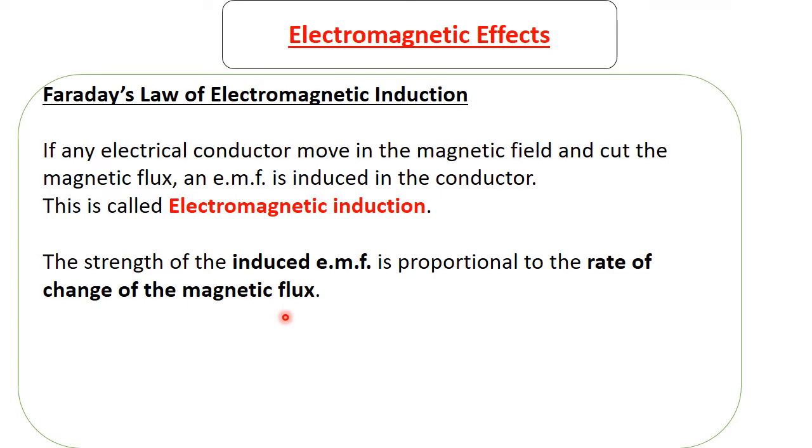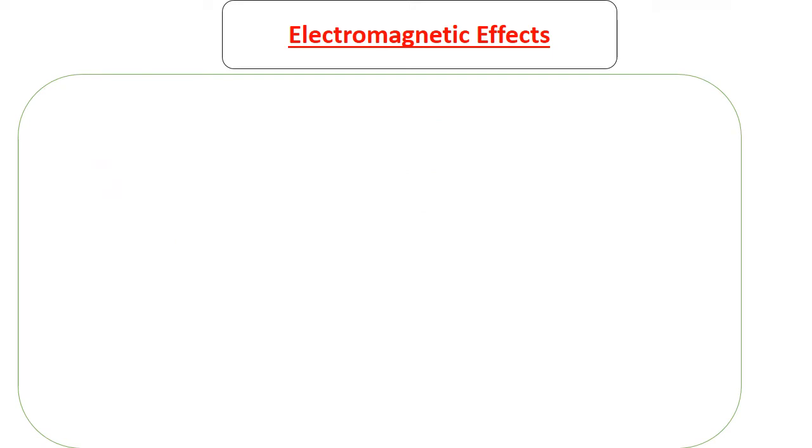So, when they say change of the magnetic flux, it's how fast the wire is going across the field. The strength of the induced voltage or current is proportional to how fast the magnetic field is being cut, or how fast the wire and the magnetic field are moving across each other. The simplest way to say that is the rate of change of the magnetic flux.